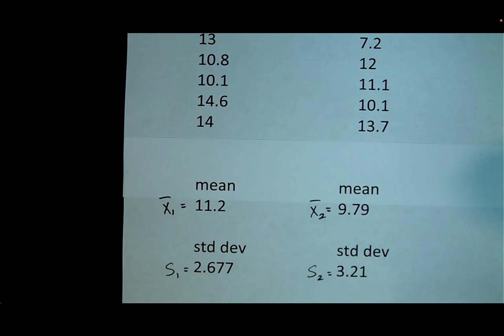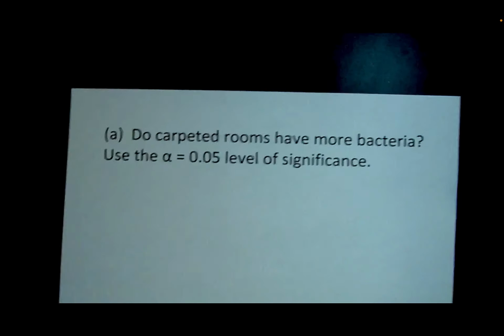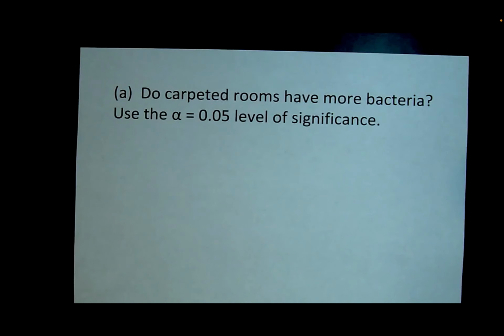Okay, so I'd like us to do two things with this set of data, one hypothesis test and one confidence interval. What we're doing with both is very similar to what we've done before.